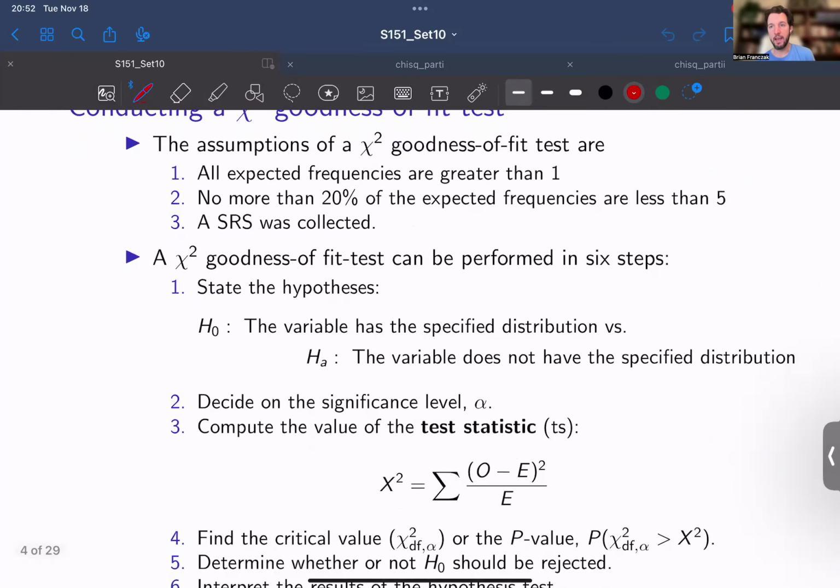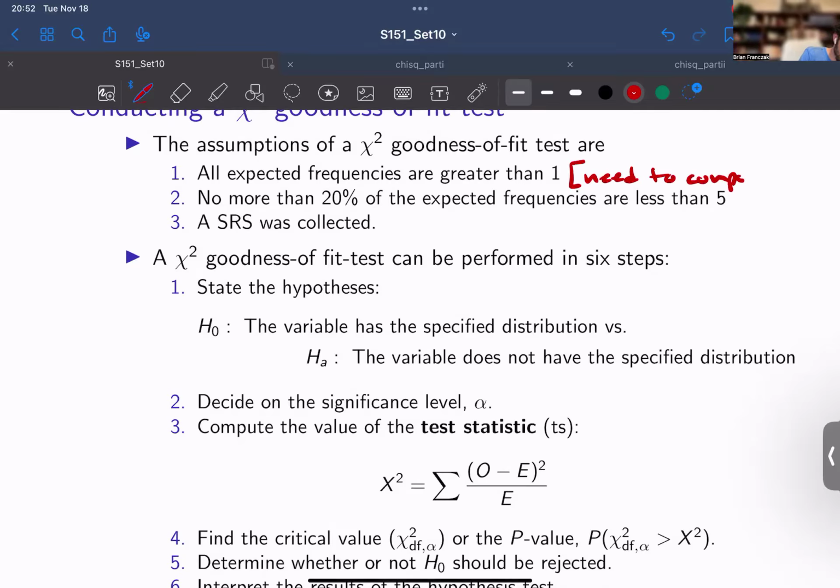Okay, so like every hypothesis test that we've talked about in the course, we start with an assumption check, and then we have 6 steps. Now, the assumption check for the chi-square goodness of fit test has our usual one, a representative or simple random sample was collected. You can see that's the third assumption. And then we also have these 2 assumptions that are based off of what are called expected frequencies. And these expected frequencies are values that we need to compute.